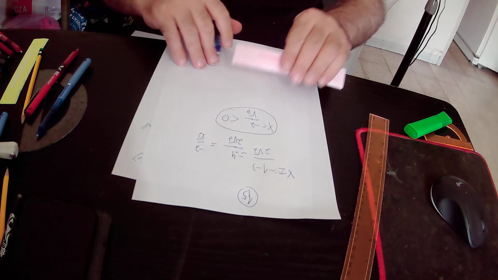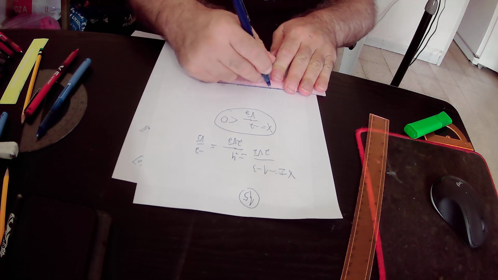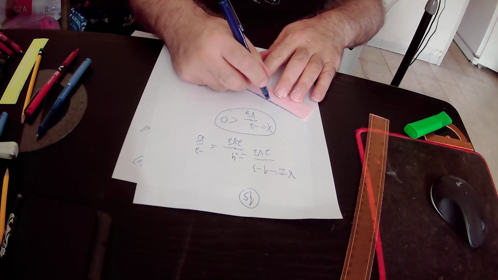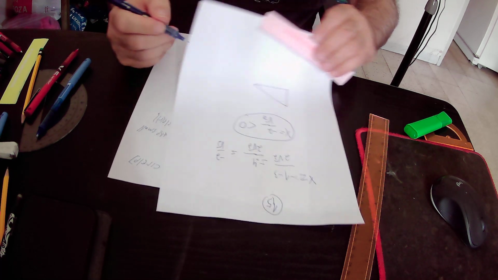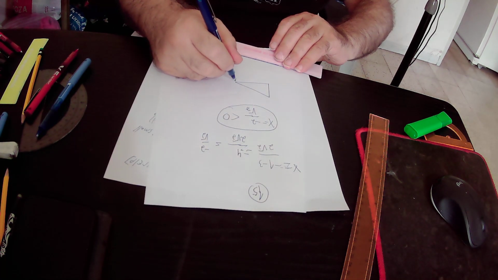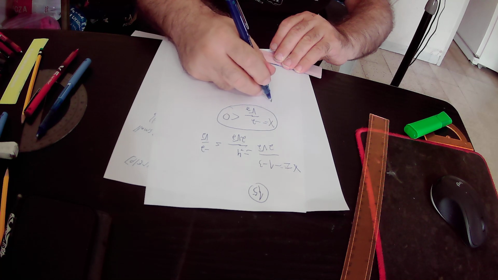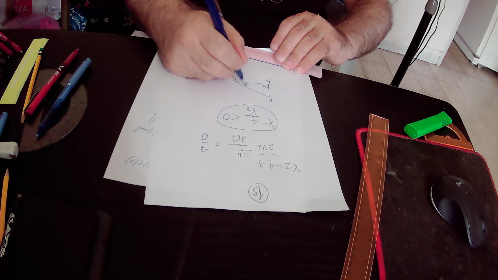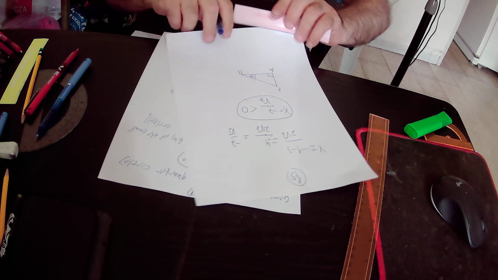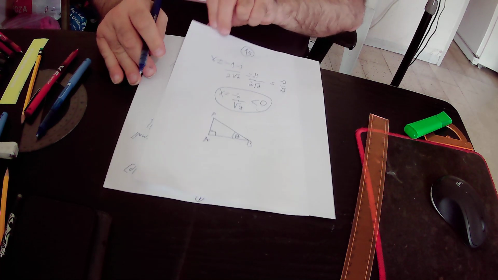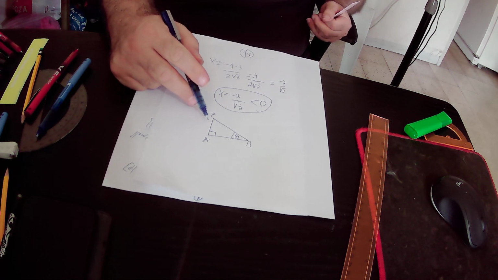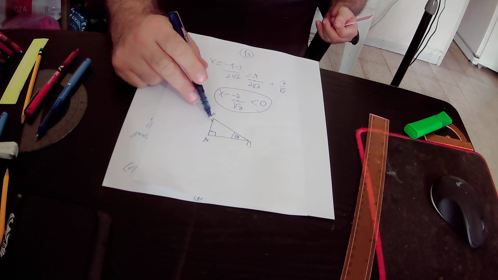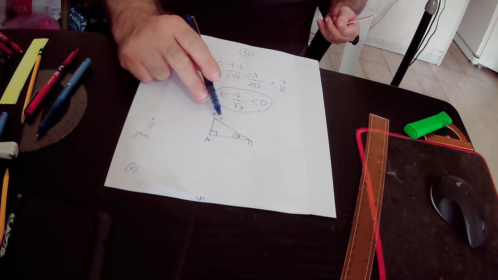In the right triangle ABP, we have angle theta. The biggest angle here is 90 degrees. So if this is 90 degrees, then the sum of those two angles will be equal to 90 degrees.